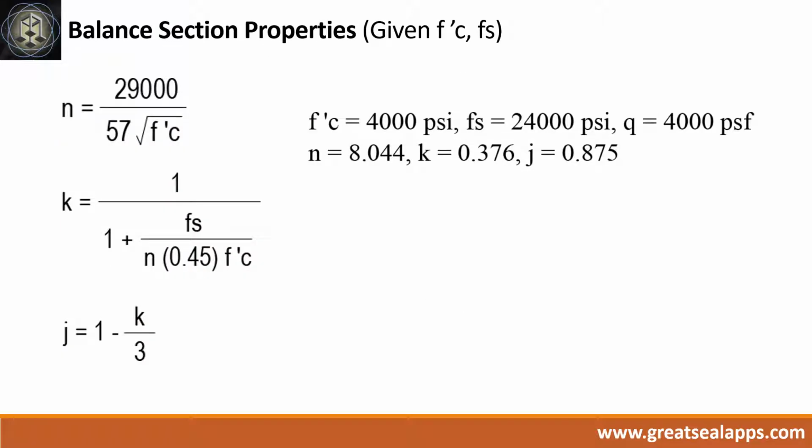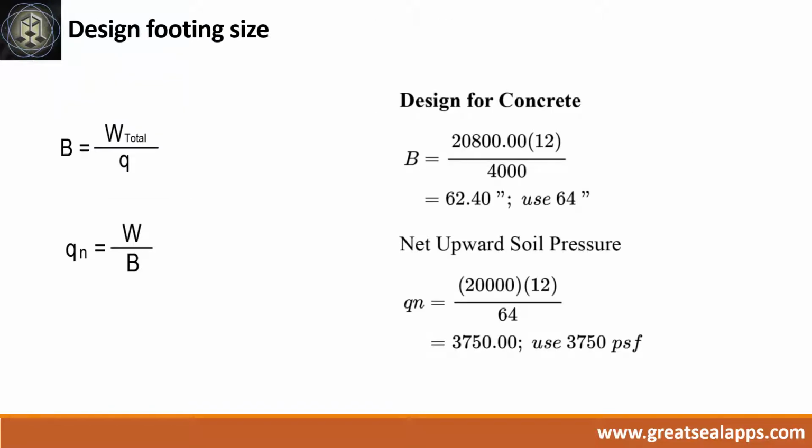Given f'c equals 4,000 psi, fs equals 24,000 psi, the balanced section properties are as follows. n equals 8.044, k equals 0.376, j equals 0.875. Given W equals 20,800 pounds per foot and q equals 4,000 psf, the width of footing is 64 inches.